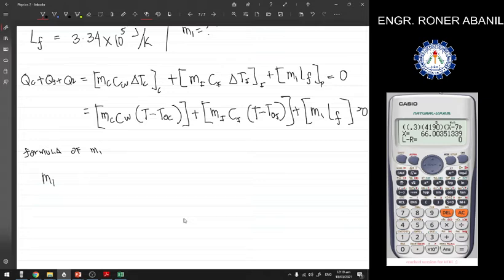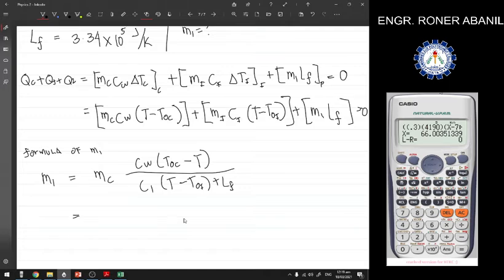Magiging MI is equal to MC, CW, and so on. Yan yung magagawa nating formula. Pag pinasok natin dyan yung mga given, makukuha na natin si MI.